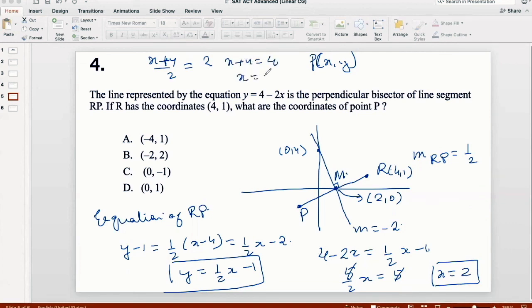So x should be 0, right? And similarly, (y plus 1)/2 should be 0, because the y coordinate of R is 1 and the y coordinate of M is 0. So y plus 1 is 0. So y is -1. So (0, -1) is the coordinate of point P, option C.